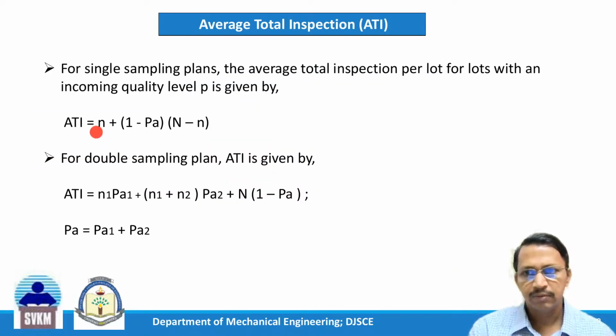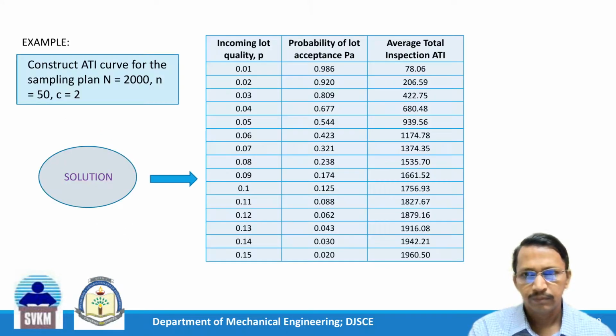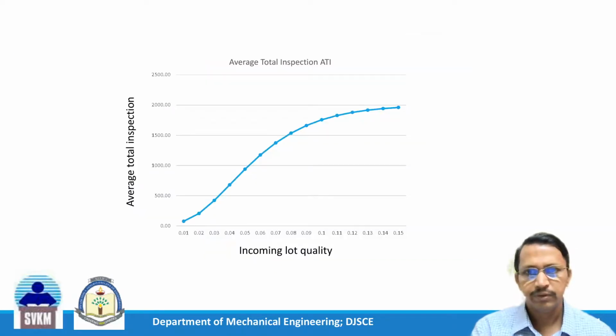We calculate the value of average total inspection for the single sampling plan, tabulated for various incoming lot qualities, and then we will plot a graph between incoming lot quality and average total inspection, and that graph is called the average total inspection curve. This is that graph for the given plan.